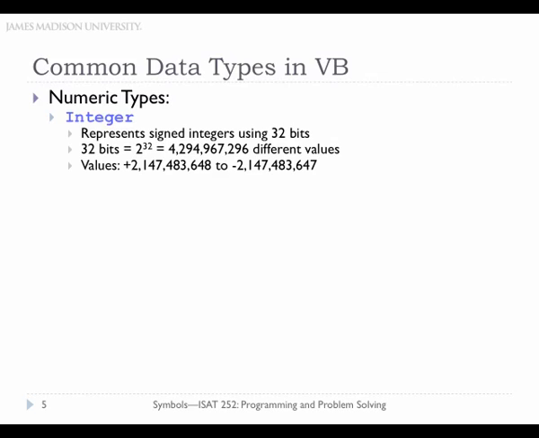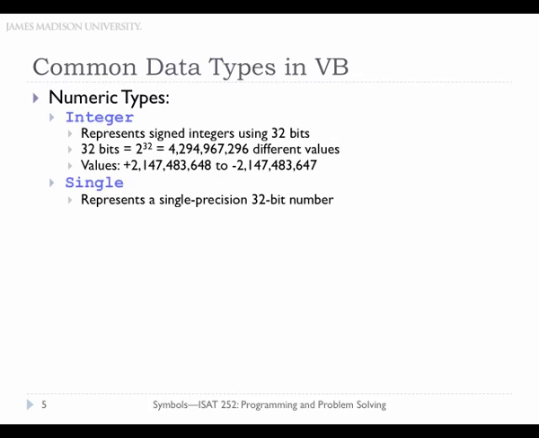And in Visual Basic, this is the numbers between negative 2,147,483,647 and positive 2,147,483,648.